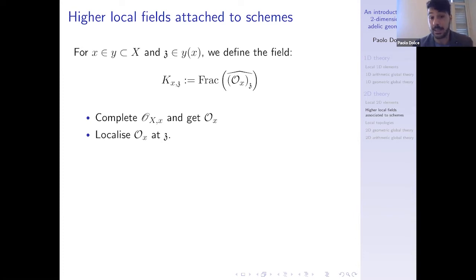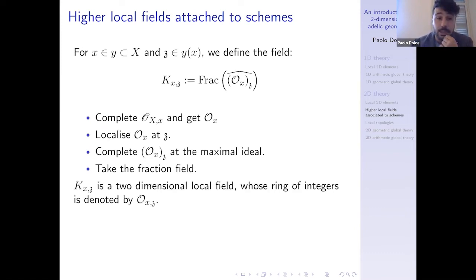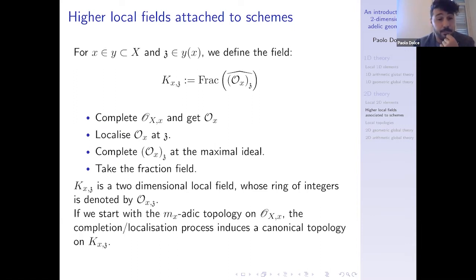Then you localize at this prime ideal, Z, then you complete this localization at the maximal ideal, and then you take the fraction field, which is another localization, basically. So again, it is the process of completion and localization, which is iterated twice. And it turns out that this is a two-dimensional local field, and the ring of integers is denoted by OXZ.